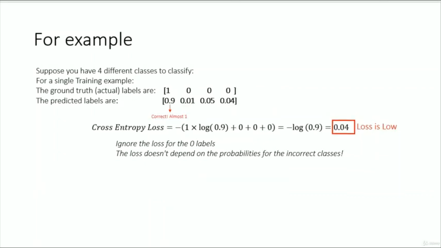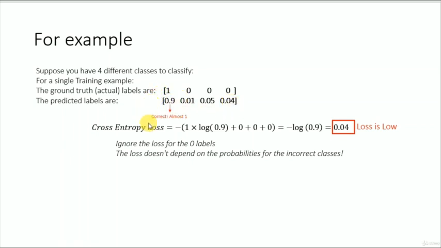Now let's take an example when the prediction is almost correct. The ground truth labels are again 1, 0, 0, 0. In this case the first class is correct since we have a 1 here, and the predicted labels are 0.9, 0.01, 0.05, 0.04. As you can see, 0.9 is close to 1, so it's almost correct.